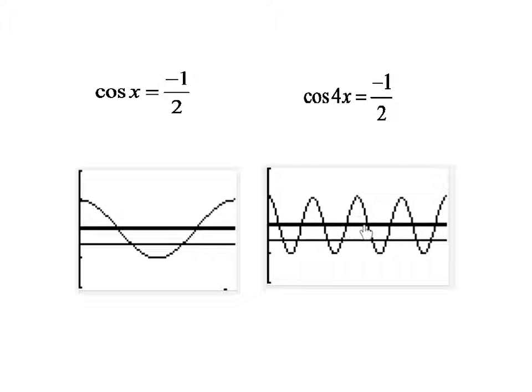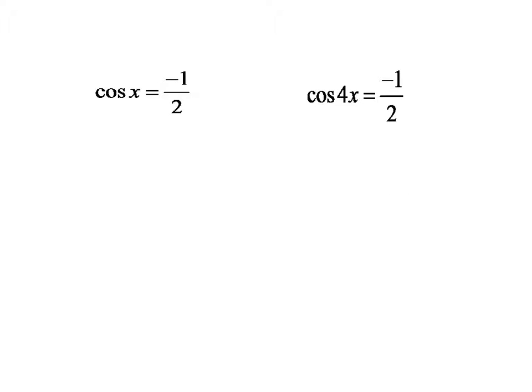So I have 4 times as many curves, 0 to 360. So I'm going to have actually 1, 2, 3, 4, 5, 6, 7, 8 answers, where cosine x is equal to negative 1/2. So I know that cosine x is equal to neg 1/2. x is equal to 120, or x is equal to 240.